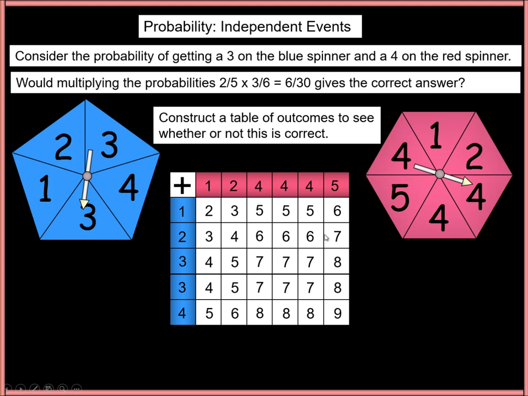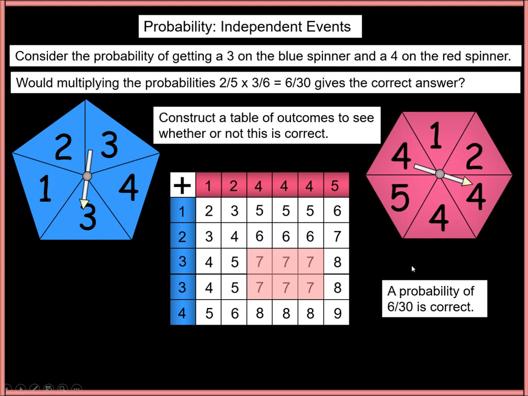That one is a 2 and a 5, so I can't add that one. So those are my outcomes there. And 1, 2, 3, 4, 5, 6 outcomes out of a possible 30. So the answers match. So I can either use a sample space diagram or I can work it out by using the individual probabilities.